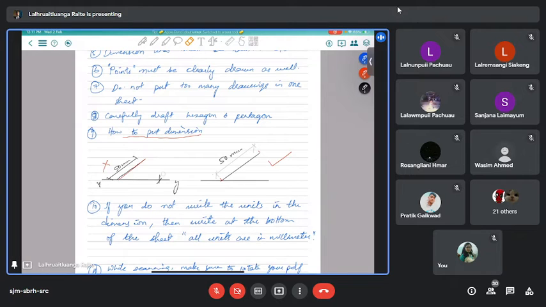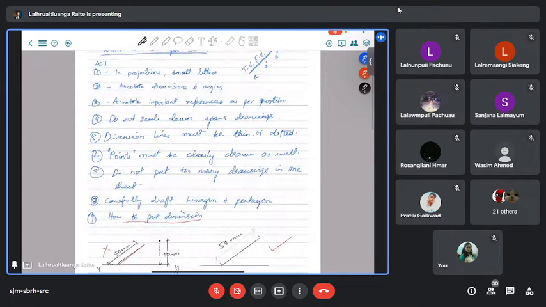You must always mark your point clearly and then emphasize it, and then the dimension line has to be a thinner line.